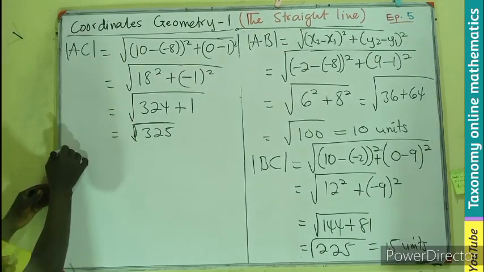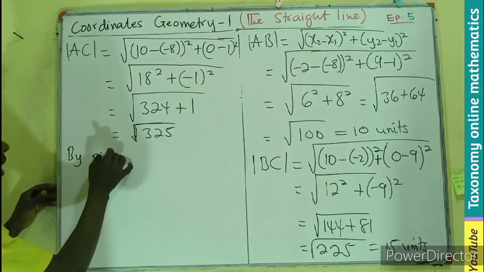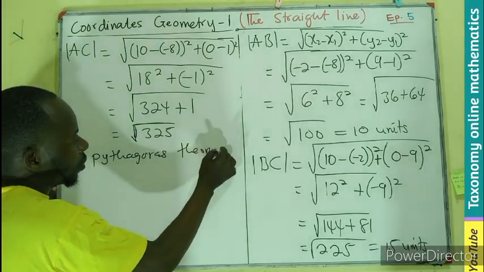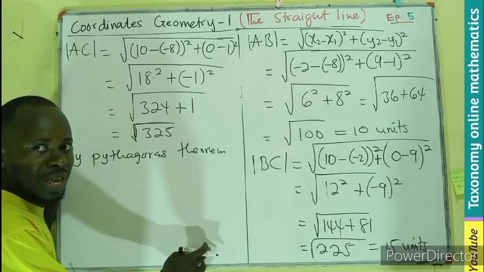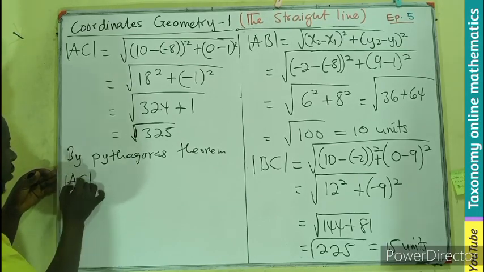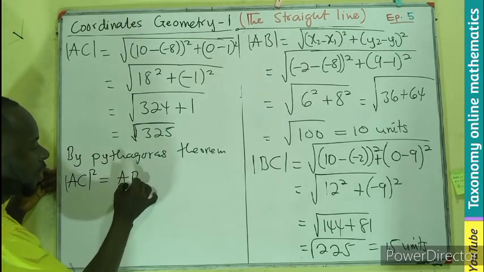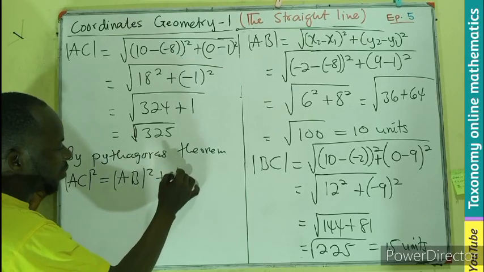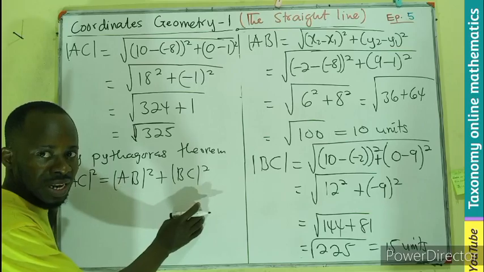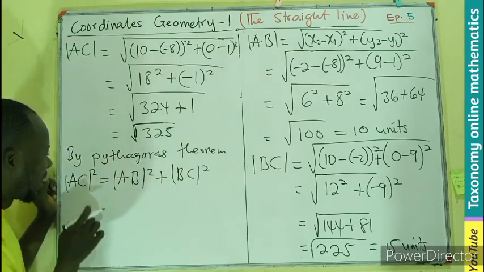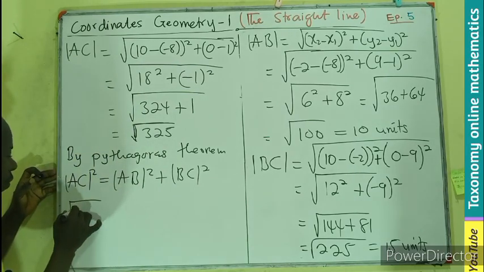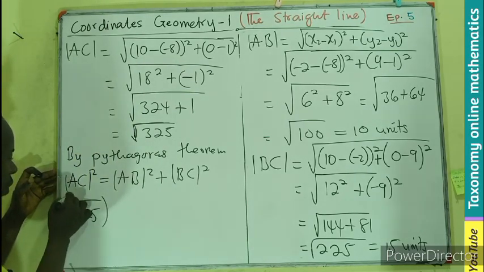So now we can say that by Pythagoras theorem, we know that the longest side from here is AC. So our AC squared equals AB squared plus BC squared. If this is proven, then we can say that they are the vertices. So let's see. AC is the root of 325 all squared.